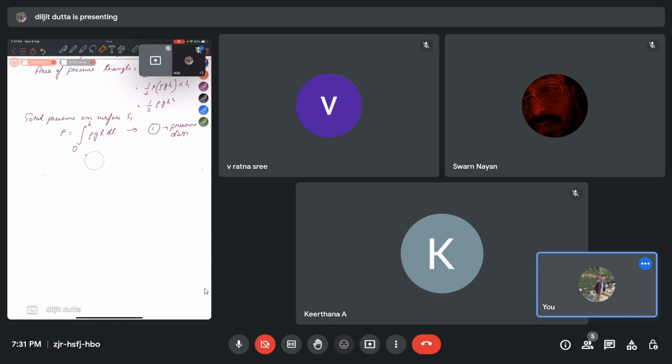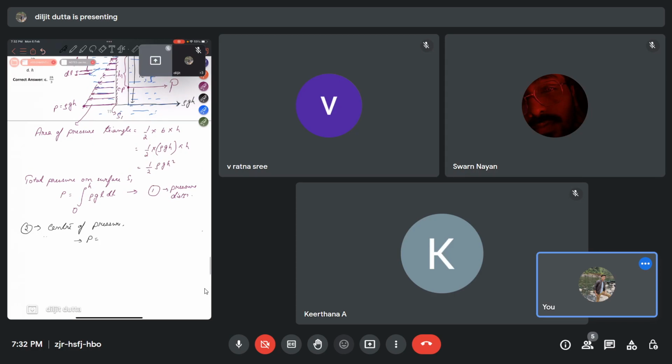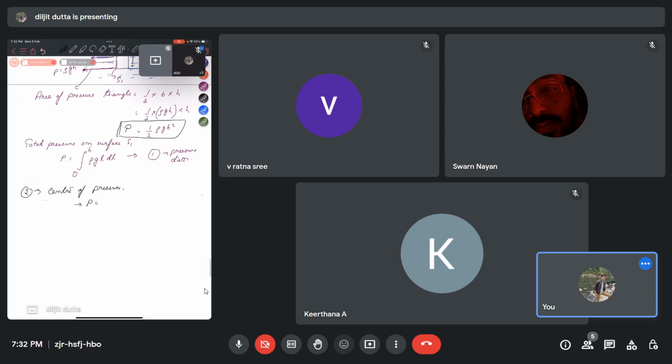One second, sorry. Criteria 1 is this distribution, and the second criteria is the center of pressure. So the total pressure is P. We have found this P based on half rho g h square.